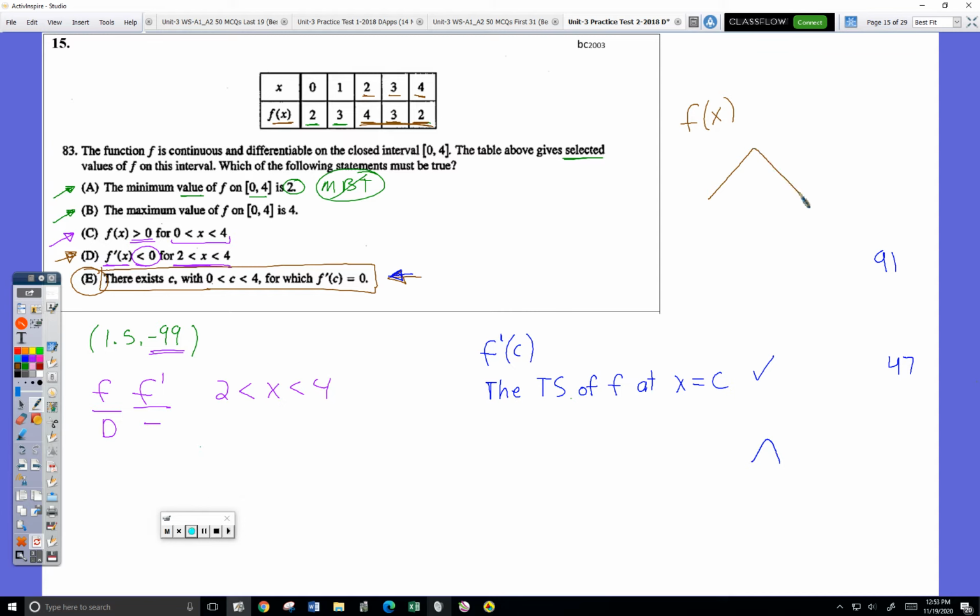Fair? Raise your hand, I'll pay you a ticket. Just raise your hand, don't say it out loud. Does that graph of f ever have a tangent slope that is equal to 0? Hands up. There we go.